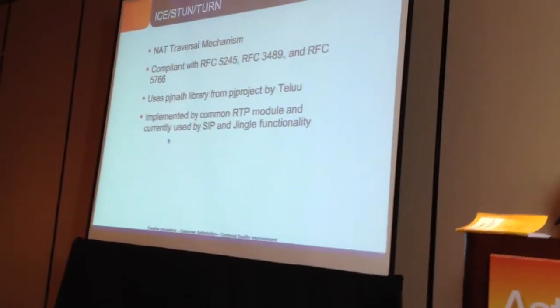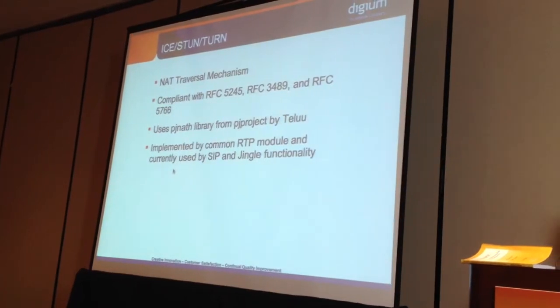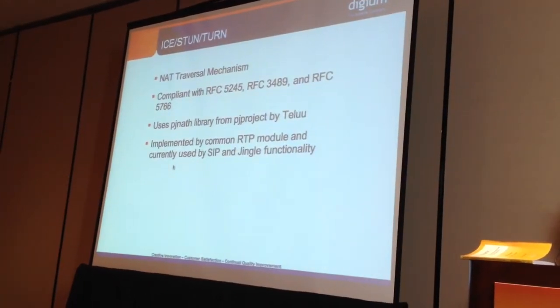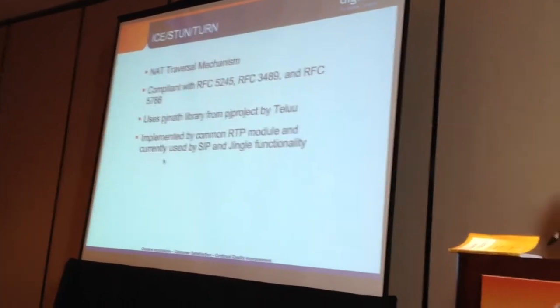And ICE, STUN, and TURN: as most of us probably know, NAT right now is everywhere. And when WebRTC was being discussed, that was obviously an issue. So they chose the ICE, STUN, and TURN specifications to overcome that. So that is now supported as of Asterisk 11, and we use the PJNATH part of PJProject from the Teluu company.